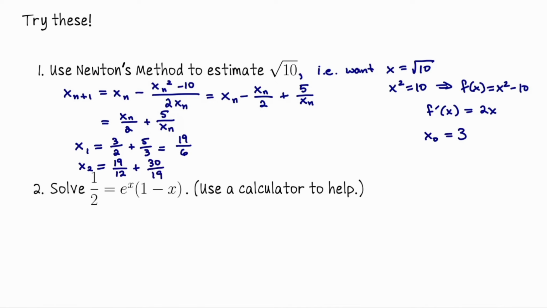All right, these numbers are already getting a bit unwieldy. If you add those together, it's 721 over 228, so we're saying that's our approximation of the square root of 10.